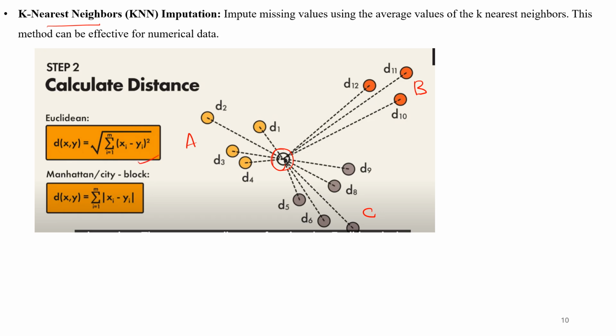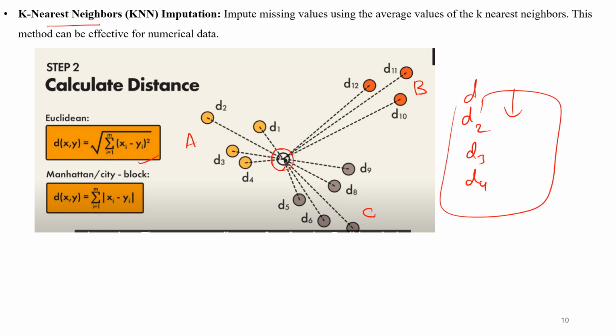It will calculate the distance from this point to D1, D2, D3, D4, and so on. Based on the distance, these are arranged in ascending order, D1, D2, D3, D4. Then we select some 7 data points, and accordingly we choose one particular value and fill it in. That is called k nearest neighbor imputation. This can be done easily in Python.